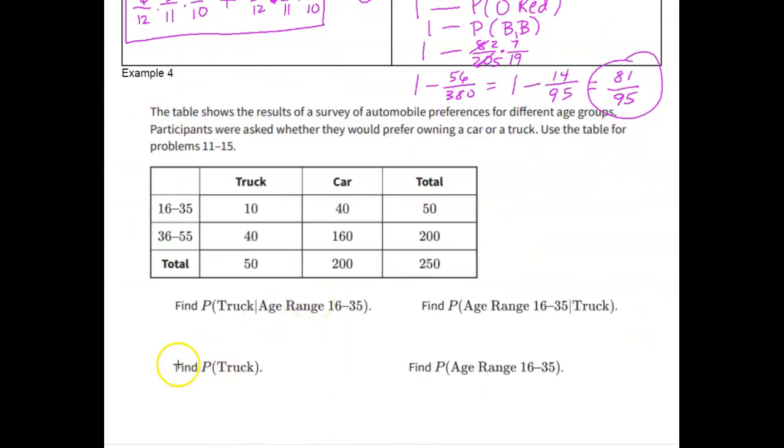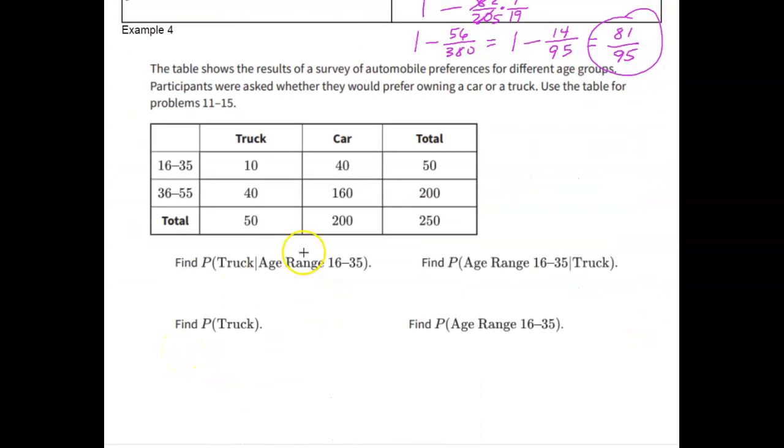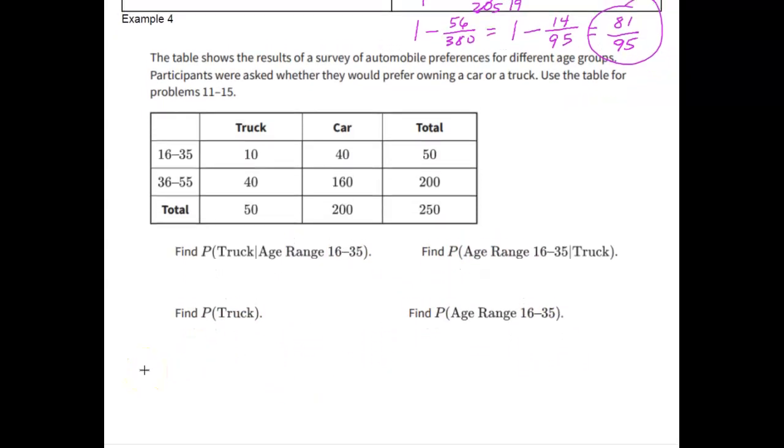So just a good refresher. The last table I just want to show and compare the conditional probability order and just regular probability. So they give us a frequency table and then they give us some ages and owning a truck or a car. So find the probability that they will own a truck given that they are 16 to 35. So remember, on conditional, I want to know when they both happen first.